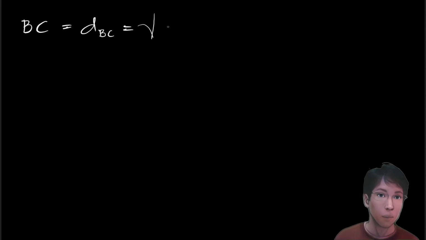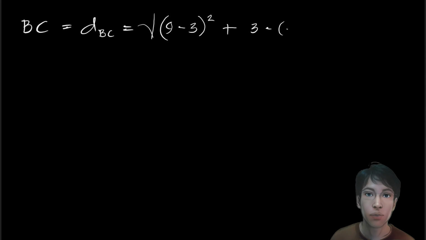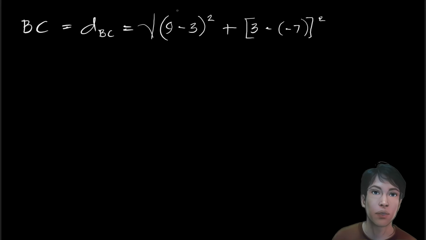So that will be (9 minus 3) squared plus (3 minus negative 7) squared.